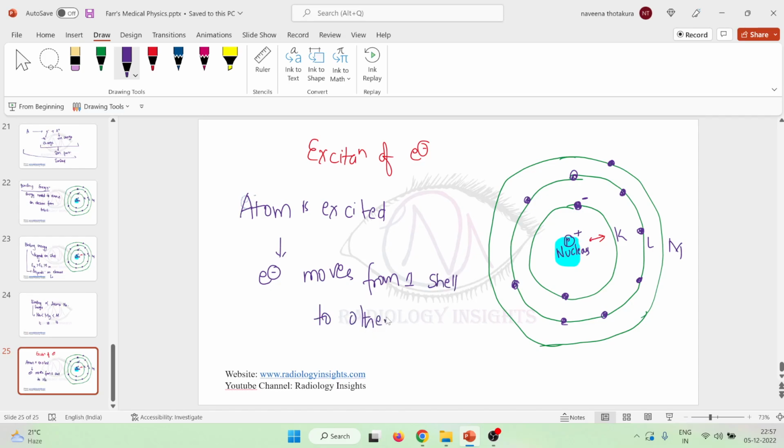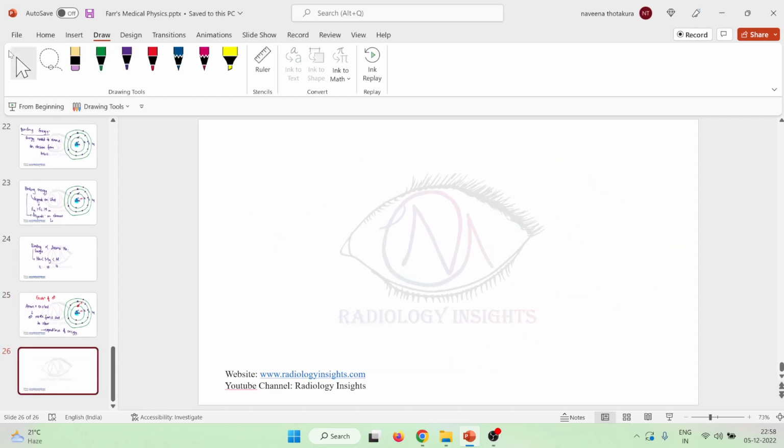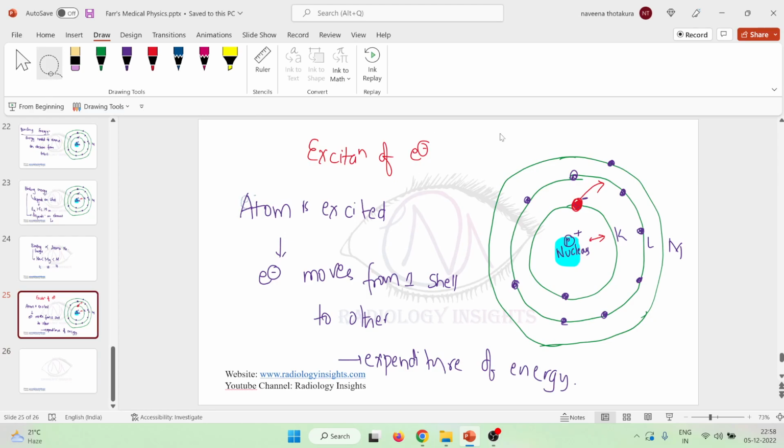That means if this is an electron, this electron can move from this shell to another shell. Then we say that the atom is excited. For this, we need some expenditure of energy. Energy is used for this process. First, it will move from one shell to another shell. Then we say that the electron is excited.